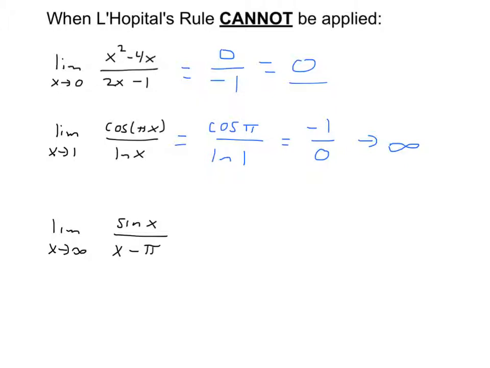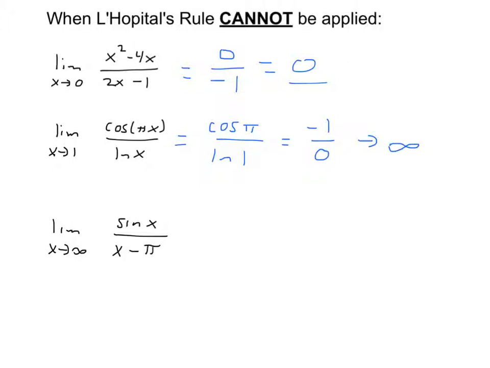And the next one is probably the one where people will make the most mistakes in terms of applying L'Hopital's rule. What you have to remember on this one is, they see the limit as x goes to infinity, and they look at the bottom, and they say, oh, that goes off to infinity, and they think about sine x, and people start automatically assuming that a function goes off to infinity or negative infinity as x approaches that, or it's going to approach a number.